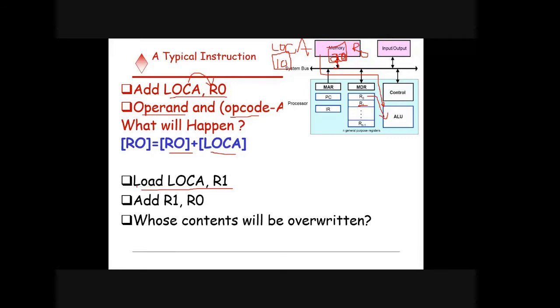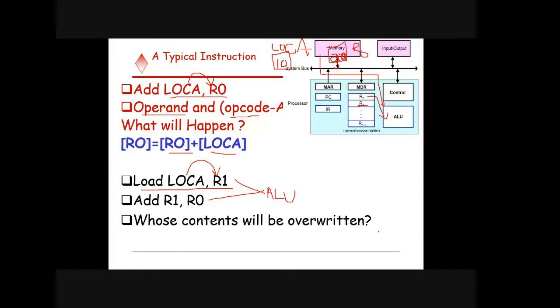Load is the instruction which takes the content of location A and keeps it in R1. My ALU can take the data from R1 and R0 immediately because they are present inside the processor. So from location A the content is transferred to R1, then R1 and R0 are processed in the ALU and the result is written into R0.